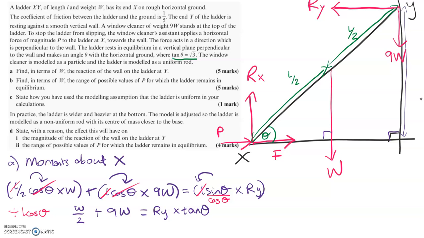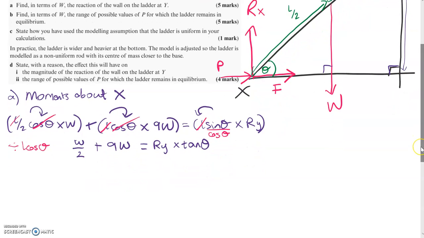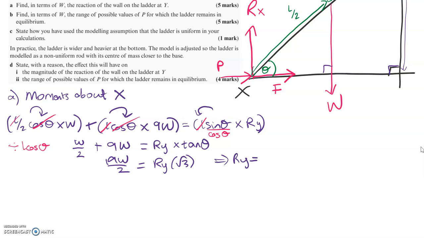That's useful because I know that tan theta equals √3. So if I put the fraction together on the left-hand side, I have 19W/2 equals Ry √3, and then you've just got to divide by √3, so you get Ry equals 19W over 2√3, and that's part A done.